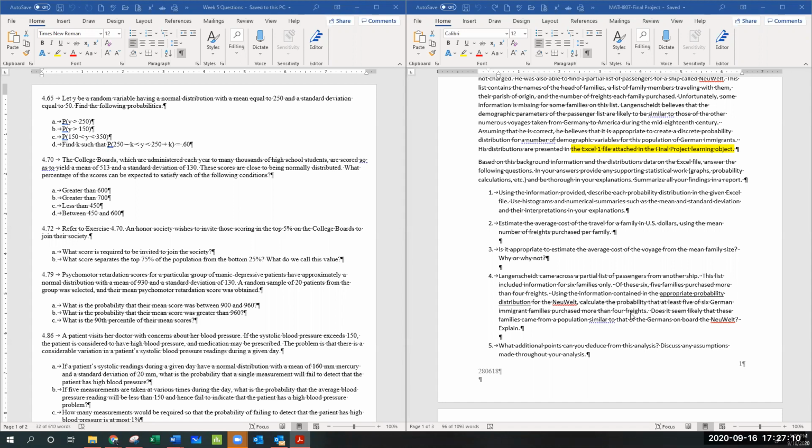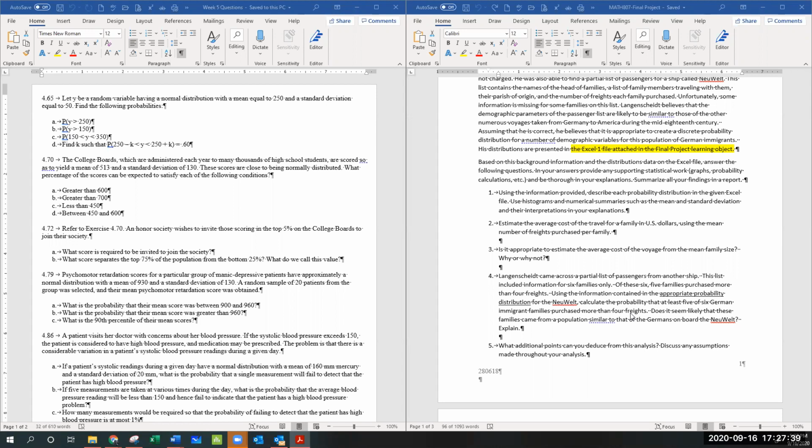So sample size of 6, success of 4, probability of 0.05. Run a simple binomial CDF of that. Do 1 minus that, and that will give you the probability that at least 5 of the 6 families bought 5 or more freights.